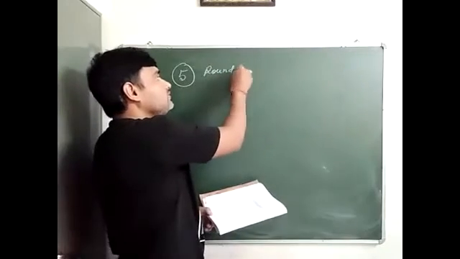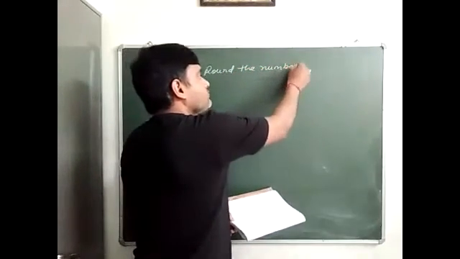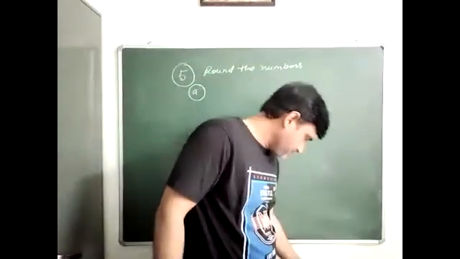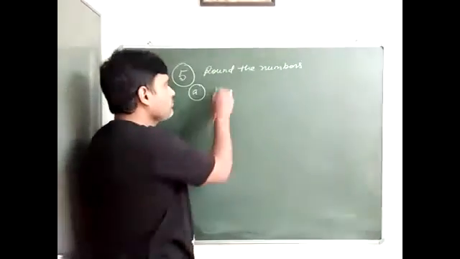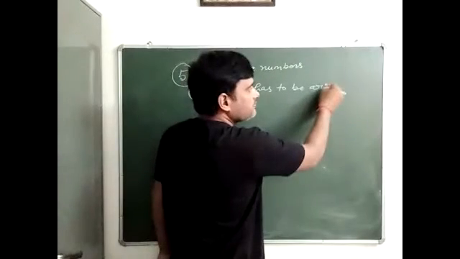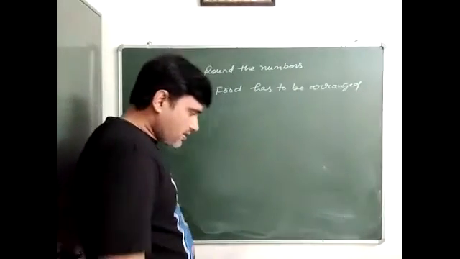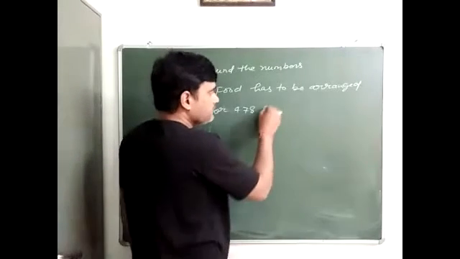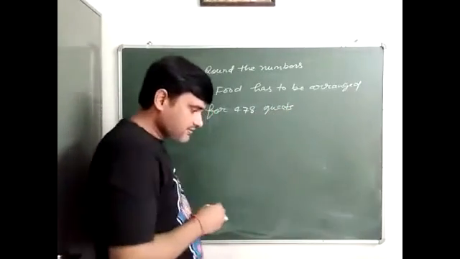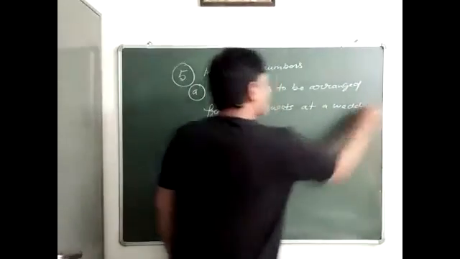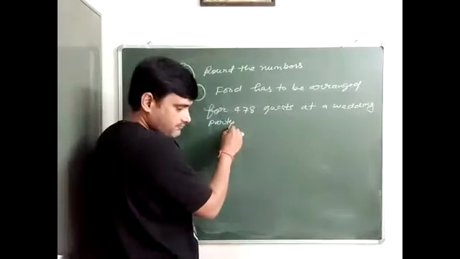A: Food has to be arranged for 478 guests at a wedding party. Nearest 100.